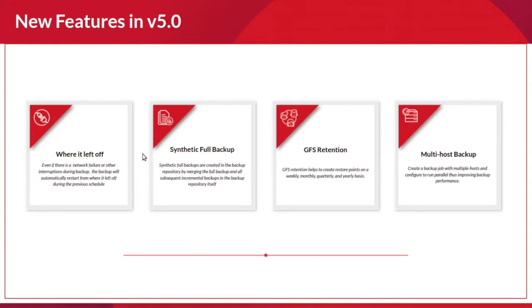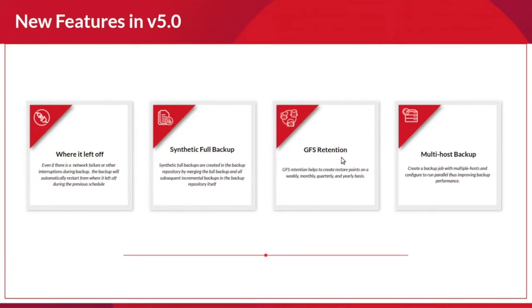And the next one is GFS retention. Vembu already has GFS retention. We have this advanced retention option that will merge data periodically, like daily, weekly, or monthly. But in version 5.0, we are bringing a lot of options to this GFS retention.